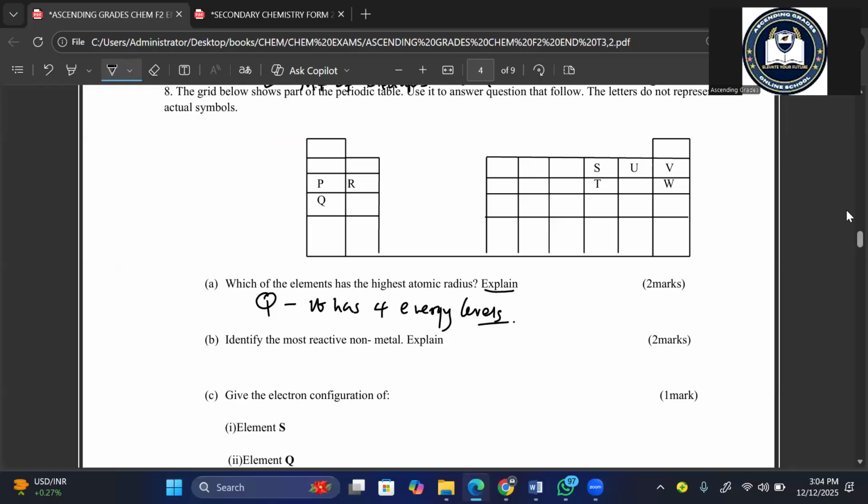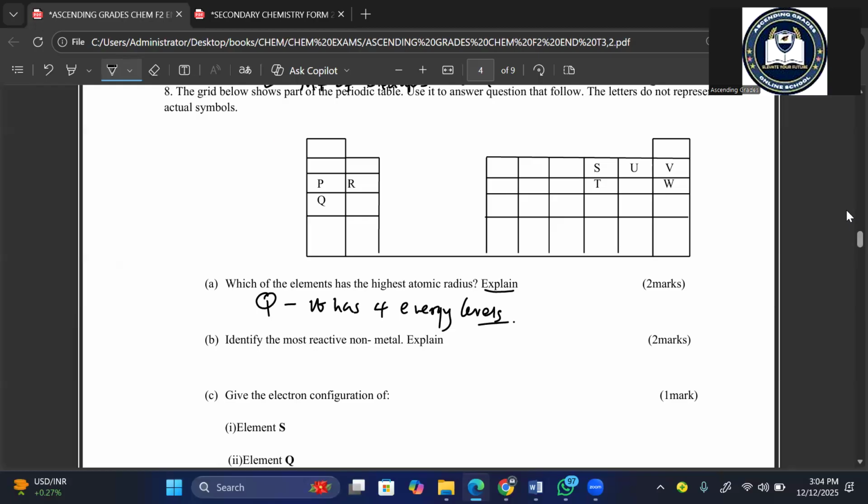Because if you say it has 4 energy levels, then it is like you are comparing with P only. It is because we know that towards the right, the atomic radius just decreases automatically.